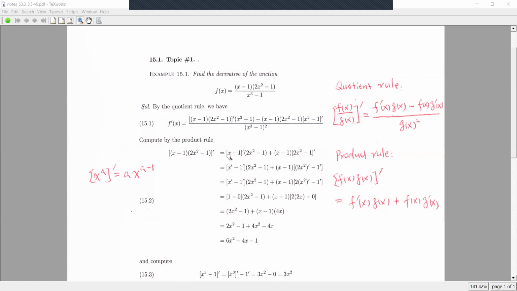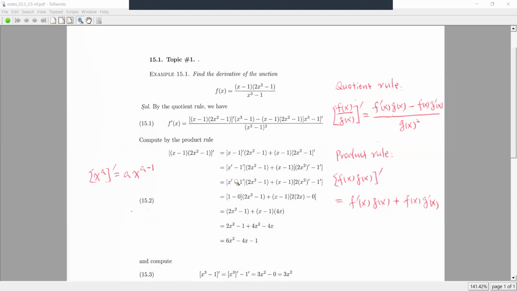Apply the difference rule here and here, then we get this equation. Move the number 2 outside this derivative, then we get this equation.